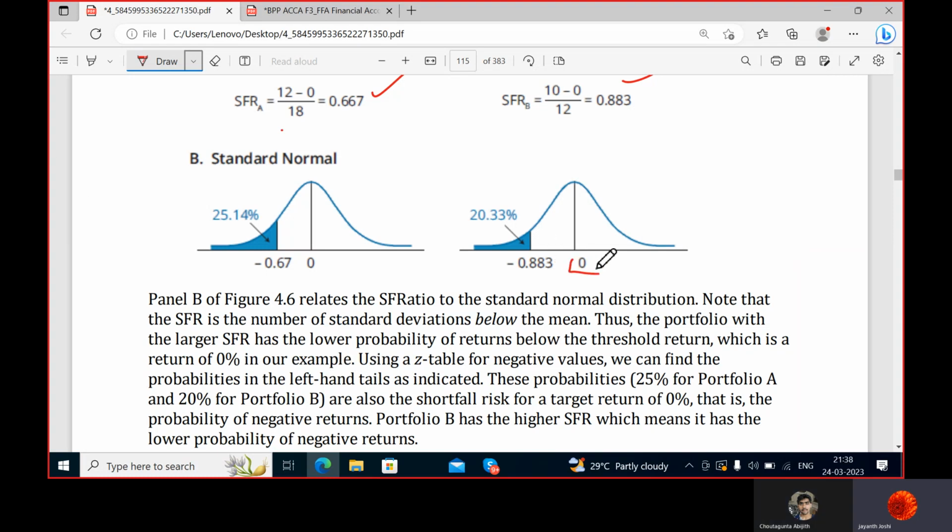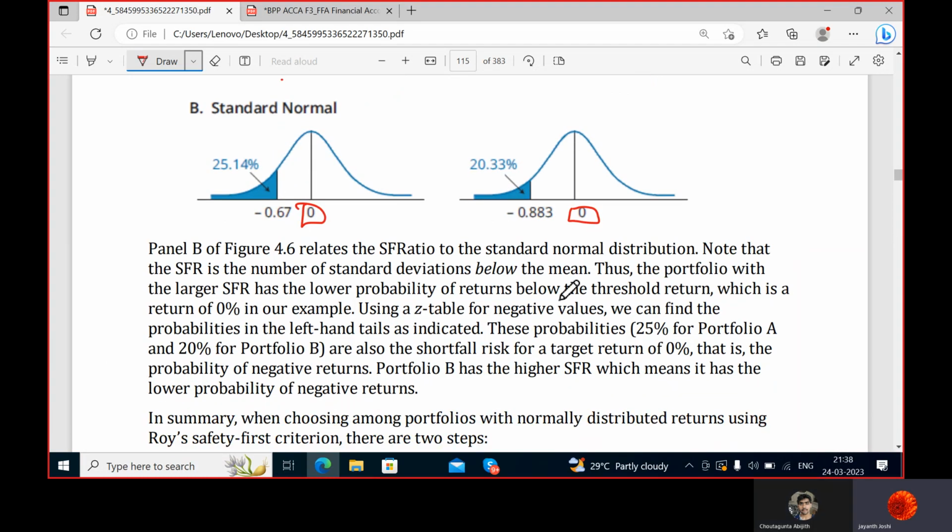Okay, this is what we have put as the threshold return, correct? Now, using the Z table for negative values, we can find the probabilities. So we will find out the probabilities as per these numbers, we will go to the negative Z table: 0.0883 and 0.67.